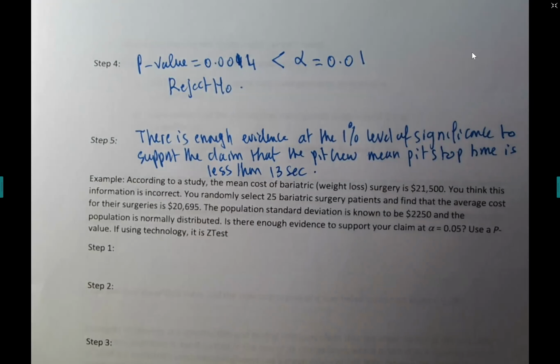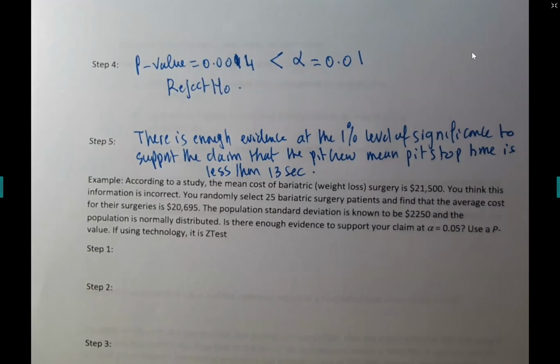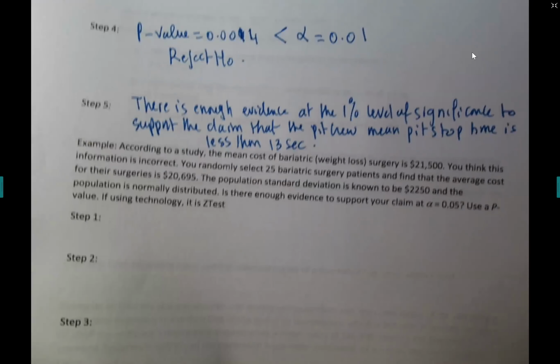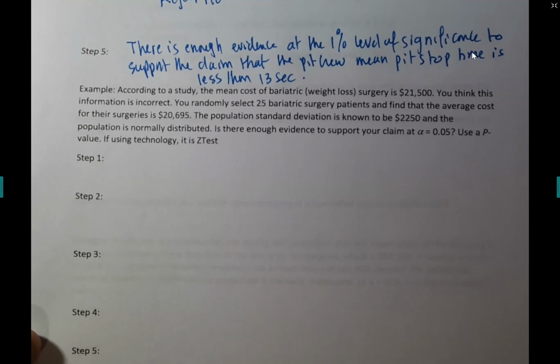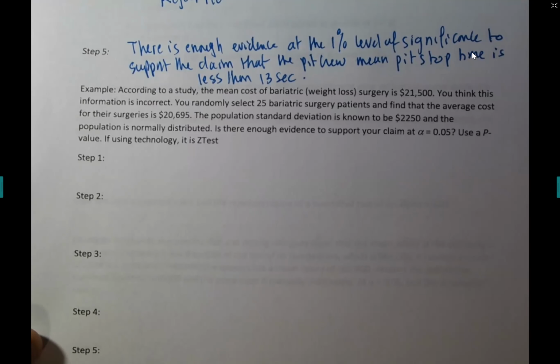So their claim is valid, and people who want to hire them can go ahead and hire them because we supported their claim that they can change 4 tires and refuel in less than 13 seconds.